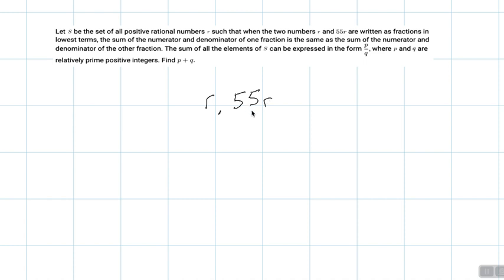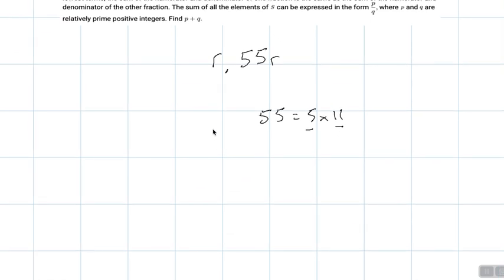Because if the denominator is just 1, the sum of the numerator and denominator of 55R will always be bigger than that of R. The prime factorization of 55 is 5 times 11. So we'll consider values for R that have denominators that are multiples of 5 and multiples of 11.